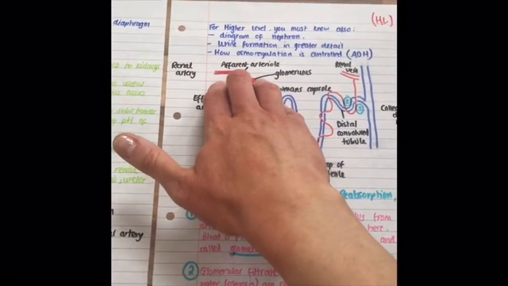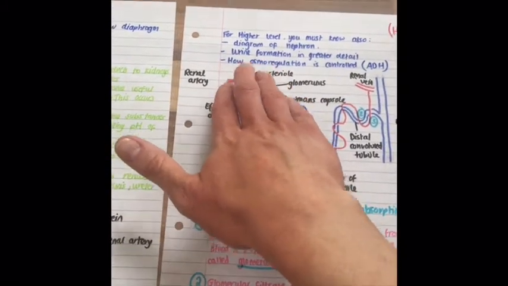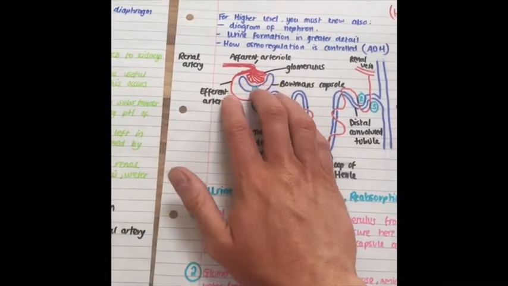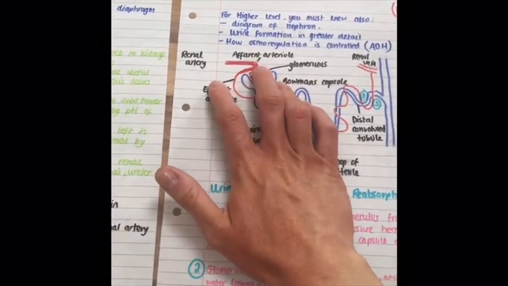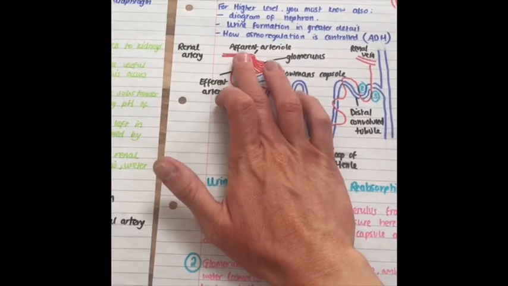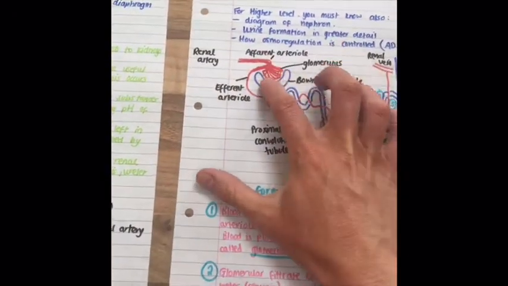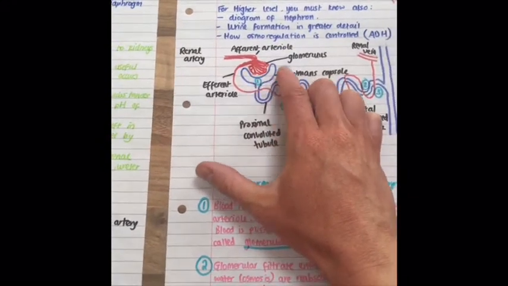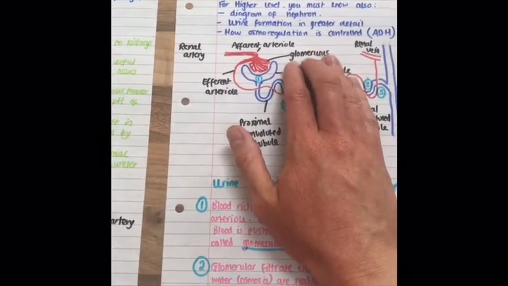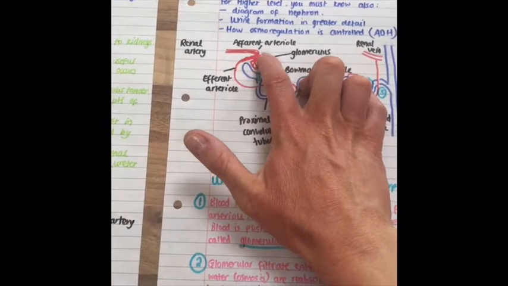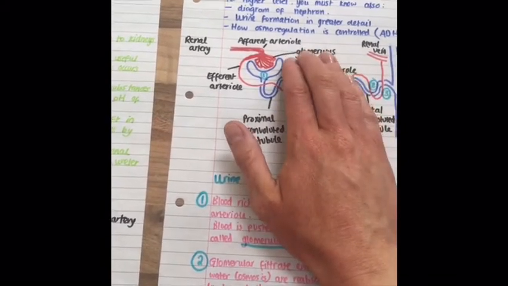Those arterioles that bring the blood rich in waste are called afferent arterioles. An afferent arteriole is then broken down into this small kind of network of capillaries, which is called the glomerulus. Okay, so this network of capillaries here is called the glomerulus.